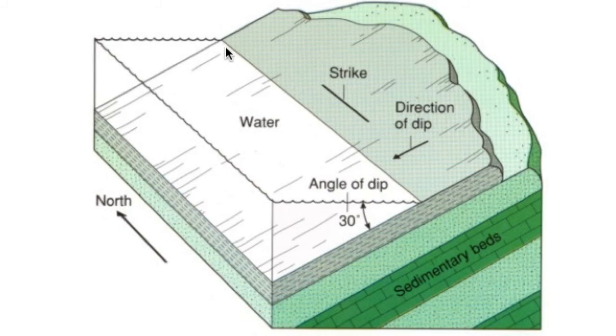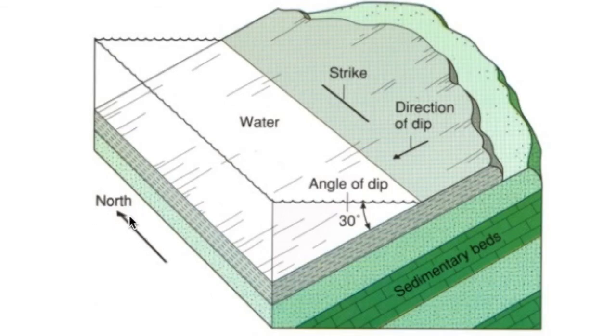So if you ever forget what strike is, you might imagine water coming up and how it will make a line between the rock and the water. If we measure the direction of that line here, it's exactly north again. We call that the strike.